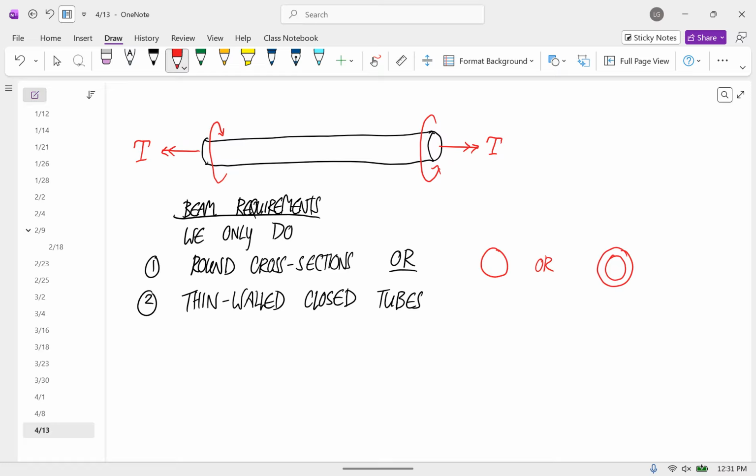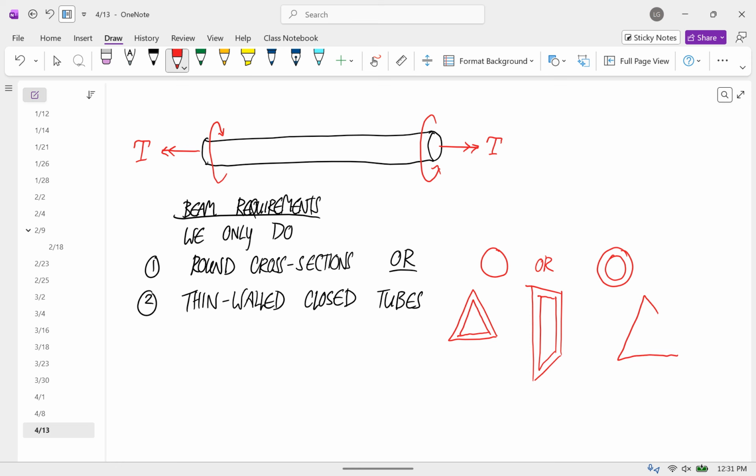Thin-walled closed tubes are like, we could do cross sections like this, cross sections like this. We can't do this though.